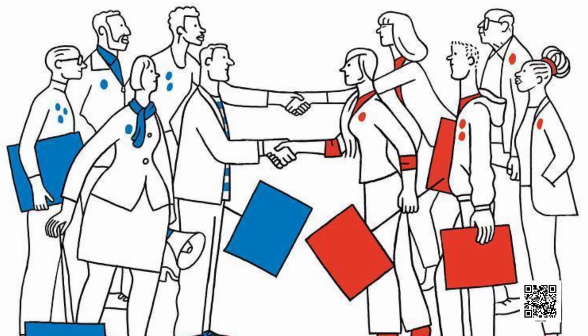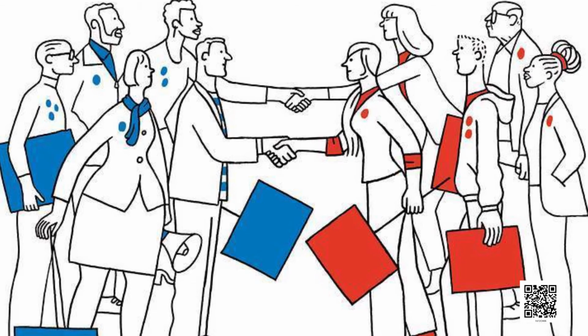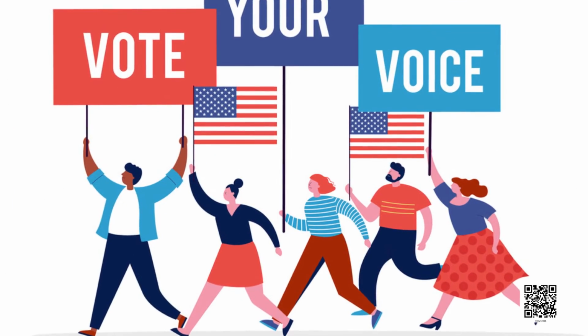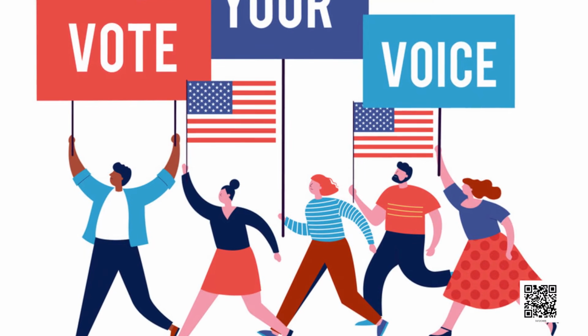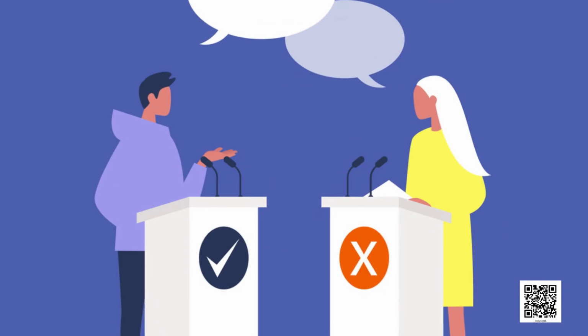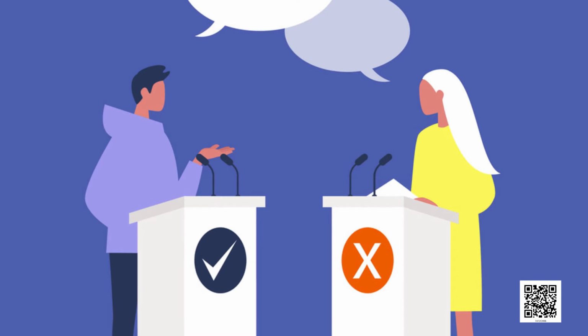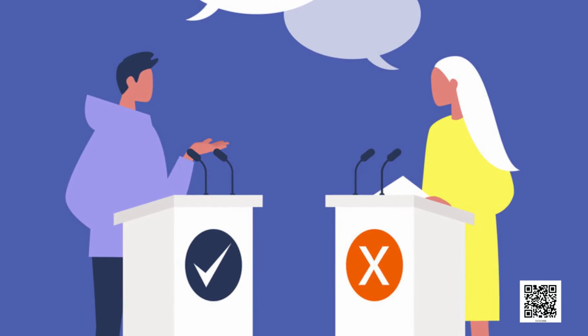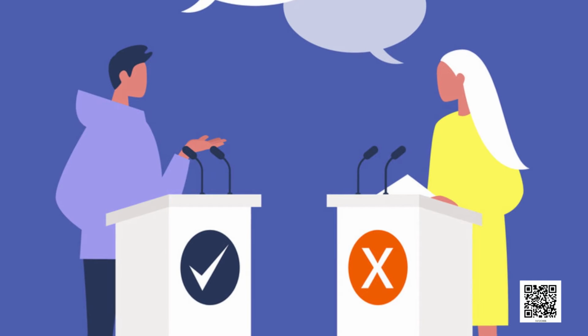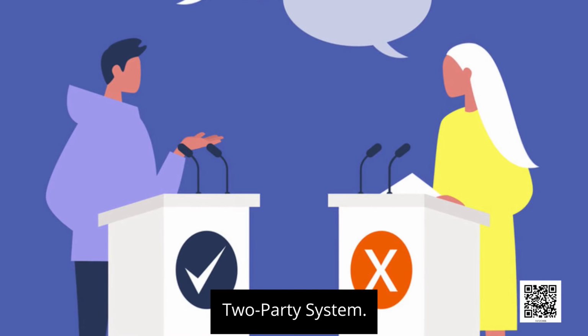In some countries, power usually changes between two main parties. Several other parties may exist, contest elections and win a few seats in the national legislatures. But only the two main parties have a serious chance of winning majority of seats to form government. Such a party system is called two-party system.